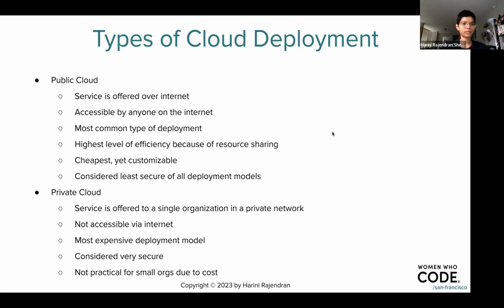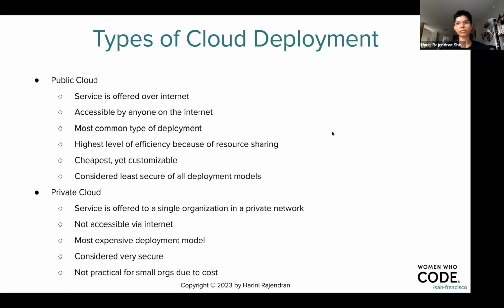So this is called public cloud. The next one is private cloud. So private cloud, as the name suggests, is usually the service that's offered to a particular organization in a private network. So only the folks, or only the servers that are within that organization can access that particular service.